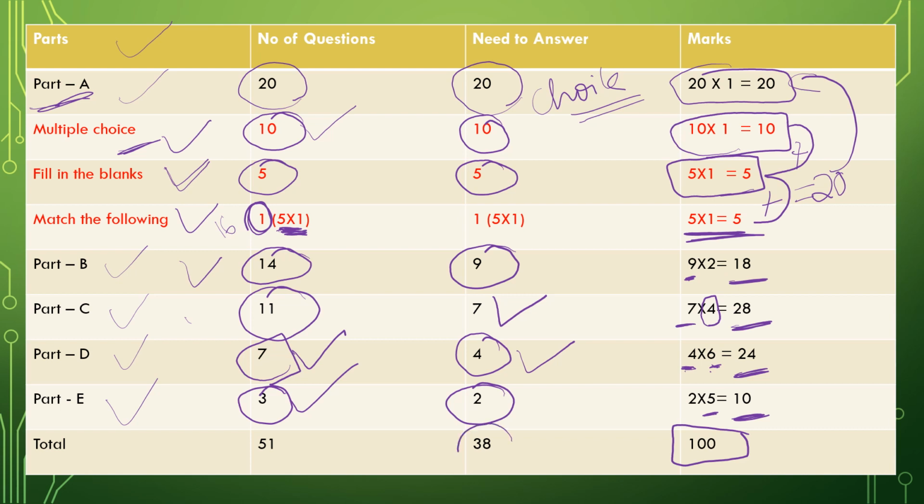So the number of questions that you need to attend is 38. Here you have to consider the match the following, 5 into 1, as 1 question.